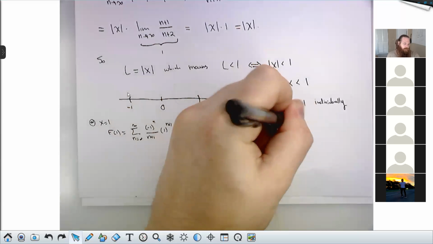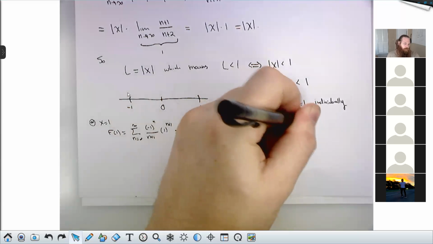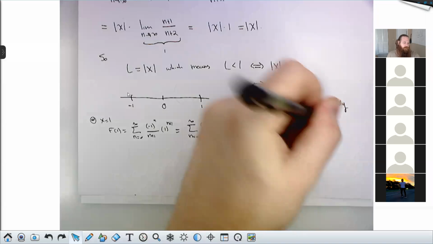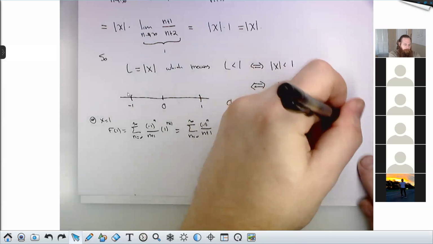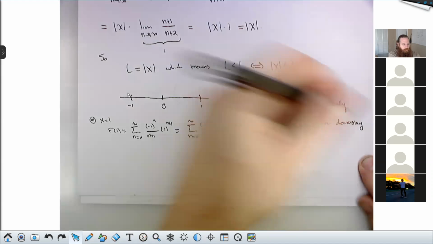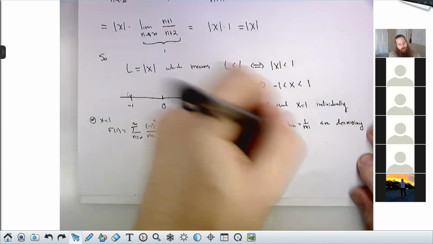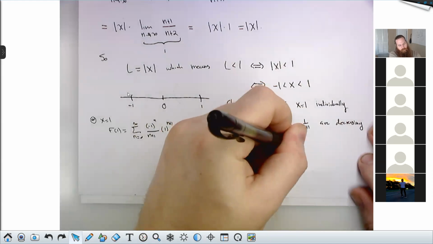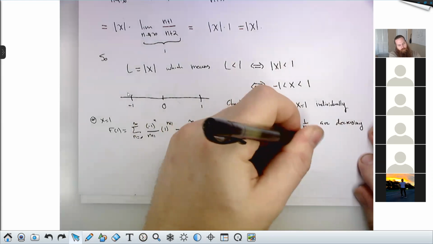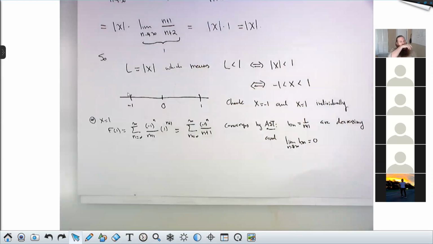Here the b_n's are 1 over n plus 1. These are decreasing. And the limit as n goes to infinity of the b_n's is 0. So here, as an alternating series, we're able to say that this is a convergent series.